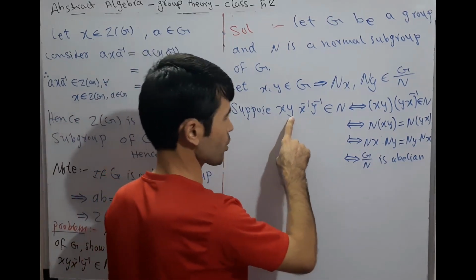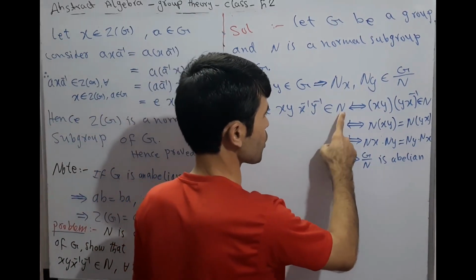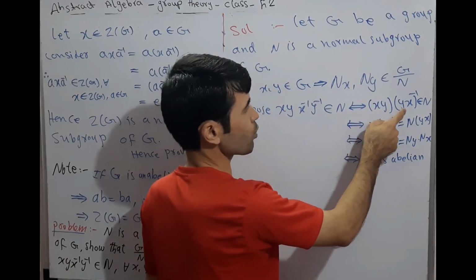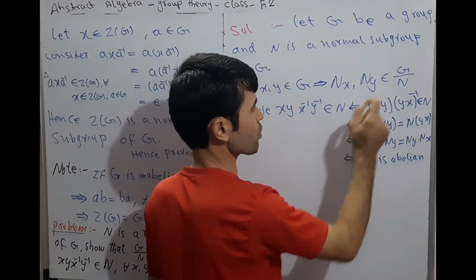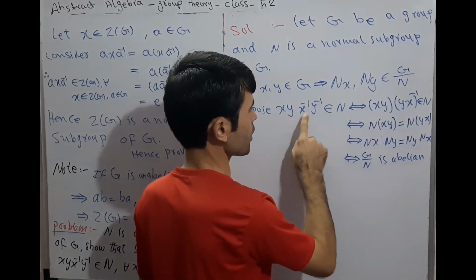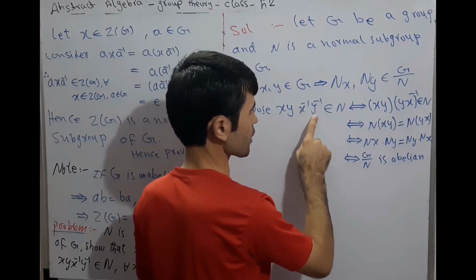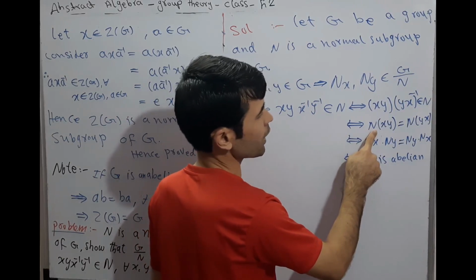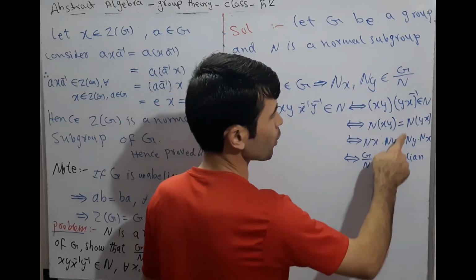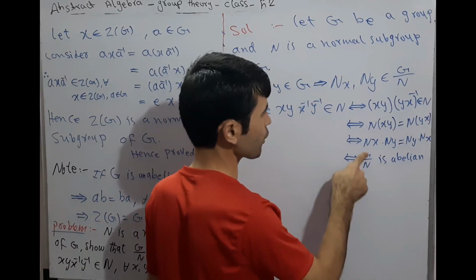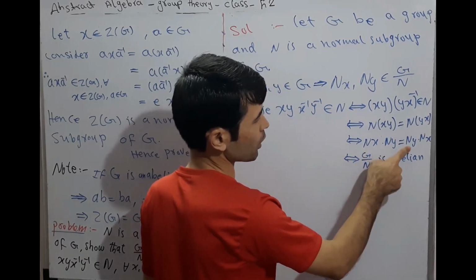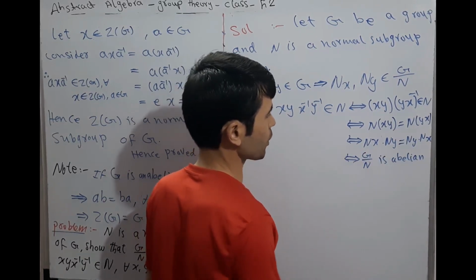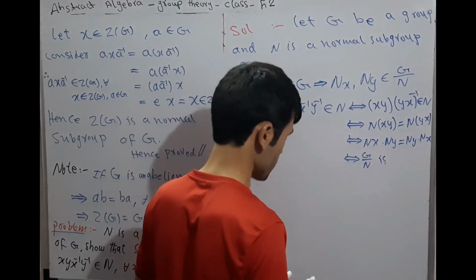Suppose x y x inverse y inverse belongs to N if and only if (y x) whole inverse belongs to N. We can write x y x inverse y inverse as (y x) whole inverse, if and only if N x y equals N y x, if and only if Nx into Ny equals Ny into Nx, if and only if G is an abelian group.